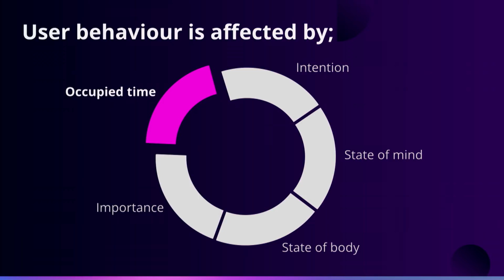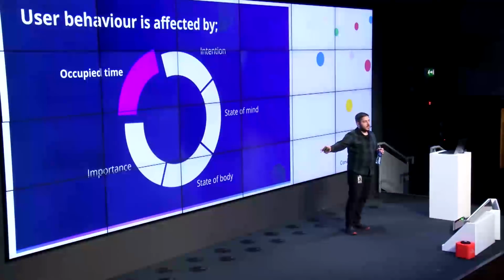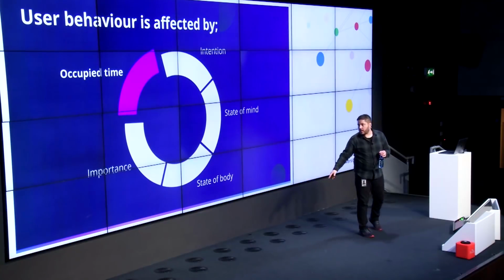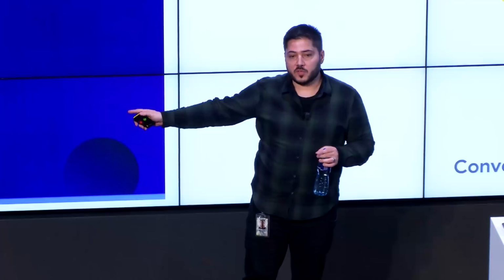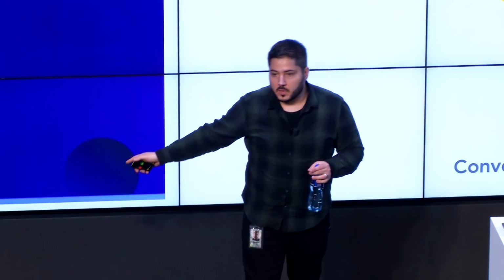Importance is a weird one, because importance is the catalyst in most research projects. If you ever do research, you see after 20 seconds someone's still on your site, you're thinking, what is this person doing? Why are they here? They're just waiting for a blank page. Generally speaking, if the action's really important for someone, they'll wait. If you're in a foreign country and the map is taking forever to load, you're going to wait.